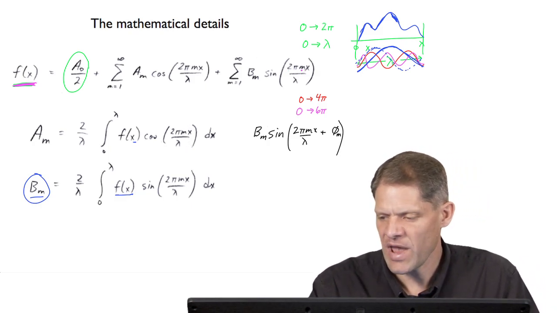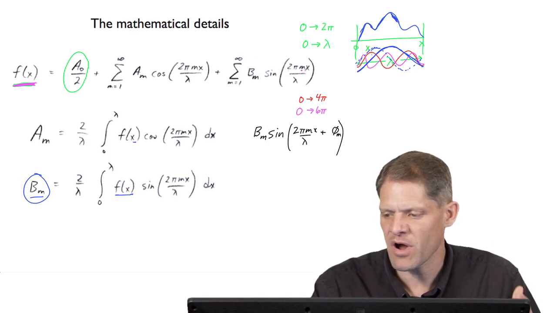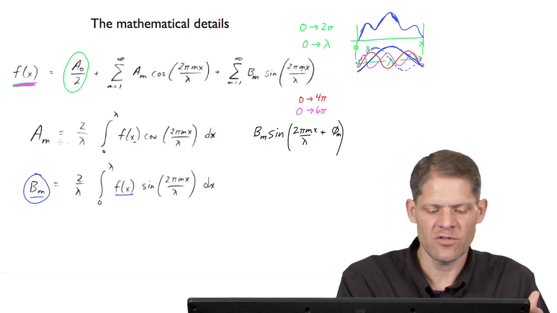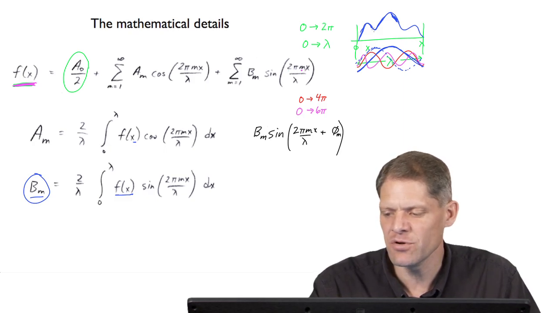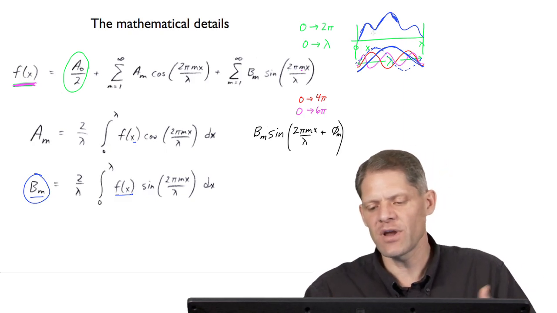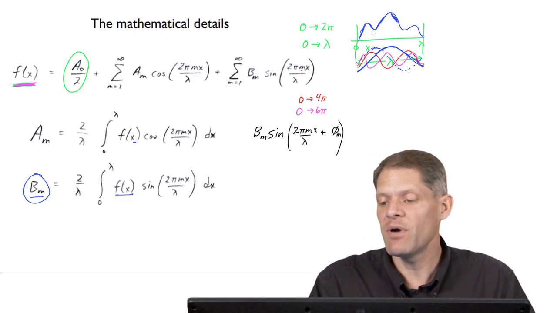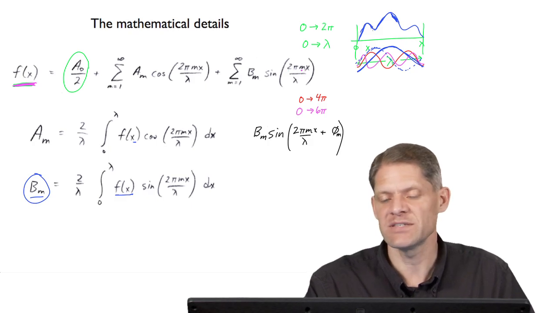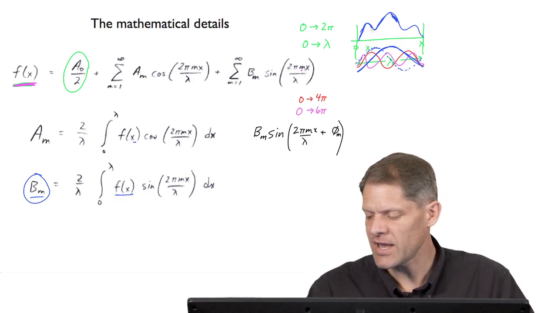In other words, we integrate the product of the red curve with the blue curve from 0 to 1 wavelength, and that gives us the result, how much of the red curve is present in the blue curve. And we can do this for any value of m we like. This is how you find out how much of each of these possible component sine waves is present in the original. And you can do this for as high an m as you like.